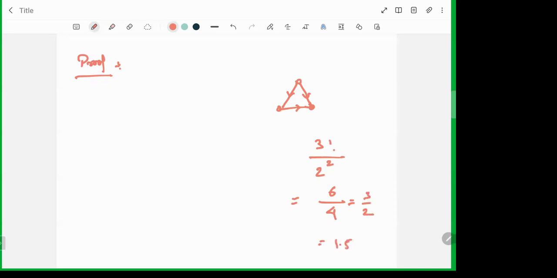So we have to show there are at least two Hamiltonian paths on this.